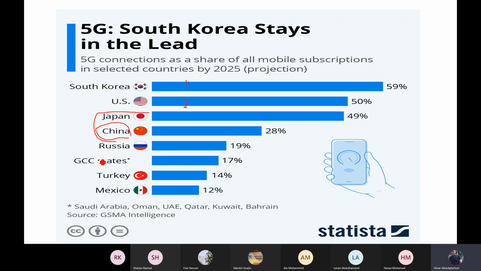And this one, the Gulf countries. The investment includes all the Gulf countries: Saudi Arabia, Oman, UAE, Qatar, Kuwait, and Bahrain. 1, 2, 3, 4, 5, yeah, 6 countries. They are also working hard, and also in Turkey, Mexico, and Switzerland as well.